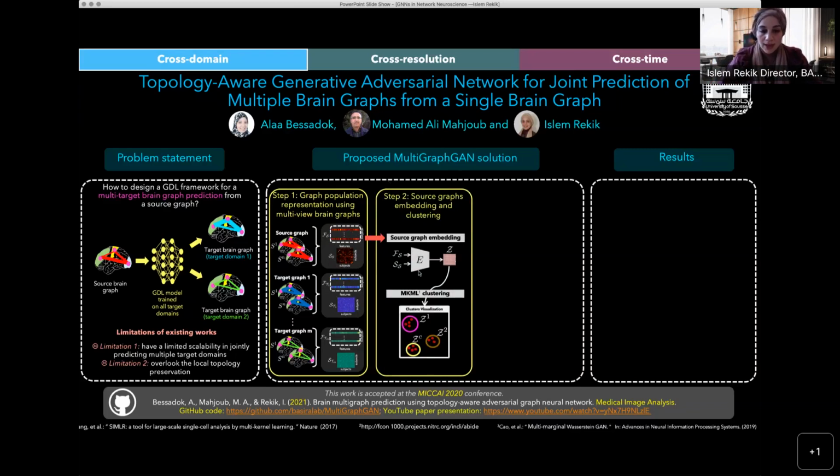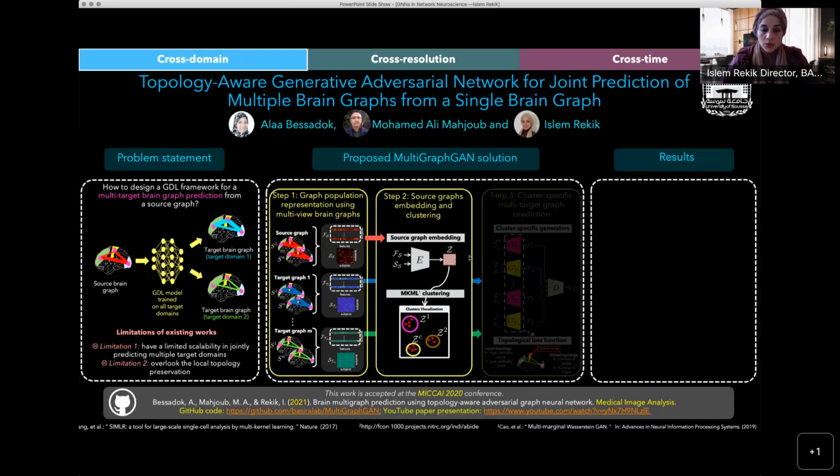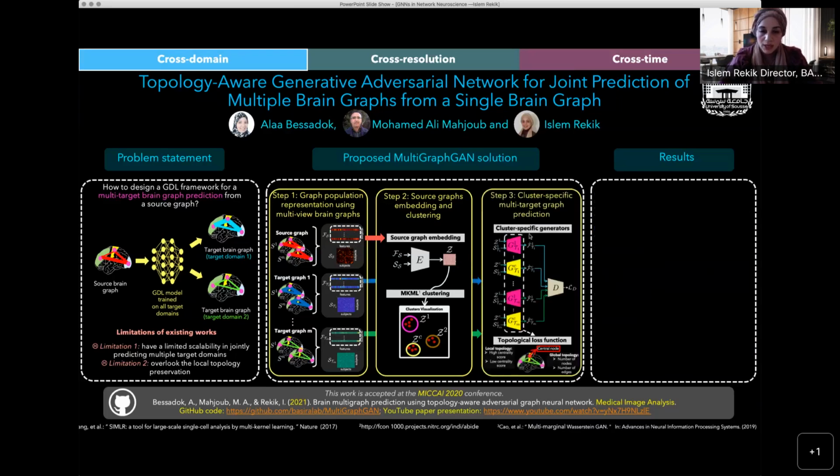In this GAN, we have an encoder of the source domain. So we try to learn an embedding for every single subject in this graph, and this is how we get the embeddings of all subjects set right here. These are the embeddings of the subjects that we learned using the similarity matrix between subjects and the original features.